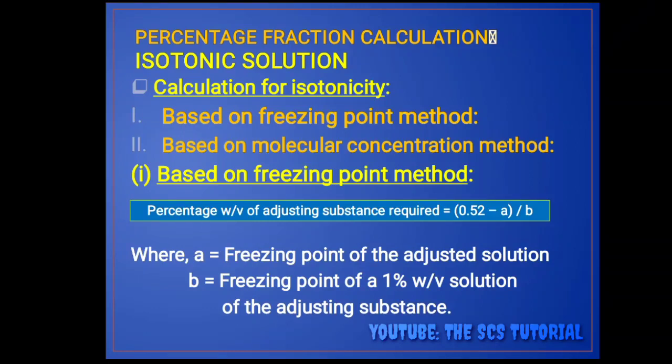First, the freezing point method: the percentage weight by volume of adjusting substance required is given as (0.52 minus A) divided by B. That is the equation used to make the solution isotonic, where A is the freezing point of the unadjusted solution and B is the freezing point of a 1% weight by volume solution of the adjusting substance.